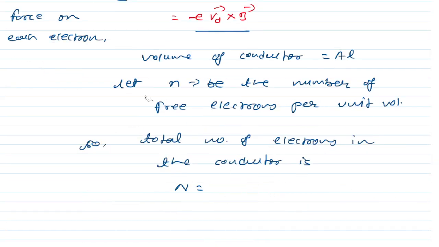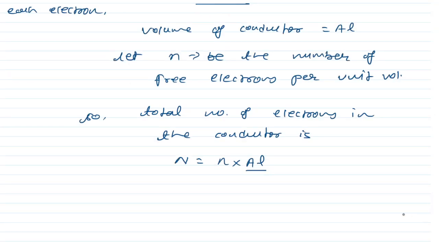So this is number of electrons in unit volume और total volume क्या है AL, तो total volume से multiply कर देंगे तो number of electrons मिल जाएगा.